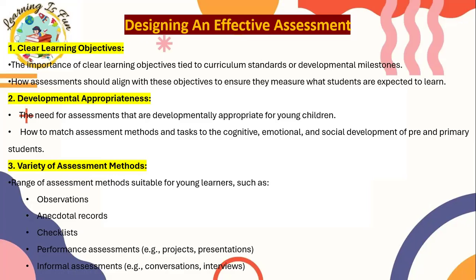Developmental appropriateness: again, the same thing I told you earlier, you have to check whether the things you are creating for your students are appropriate for them or not. As I've discussed many times, you have to check the background of every child.